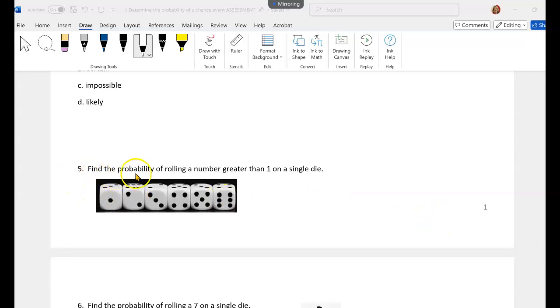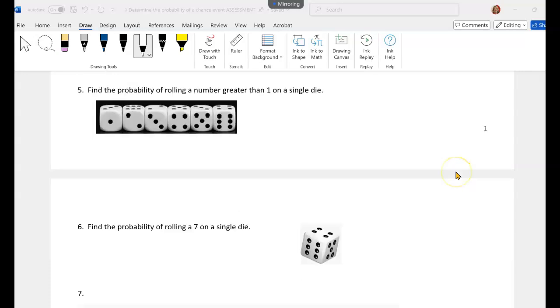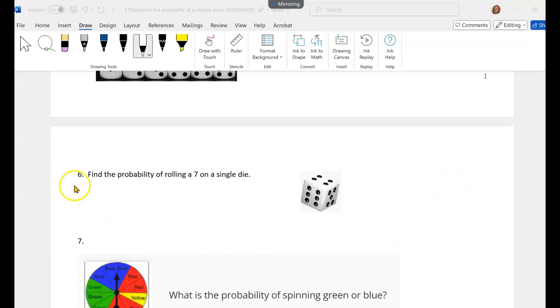Number five, find the probability of rolling a number greater than 1 on a single die. Okay. Number 6, find the probability of rolling a 7 on a single die.